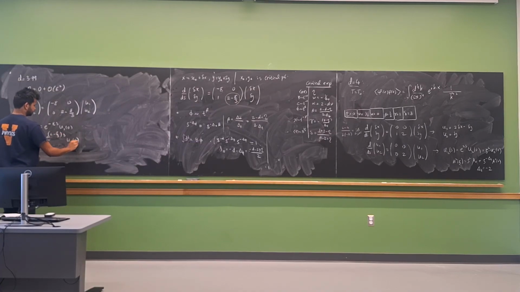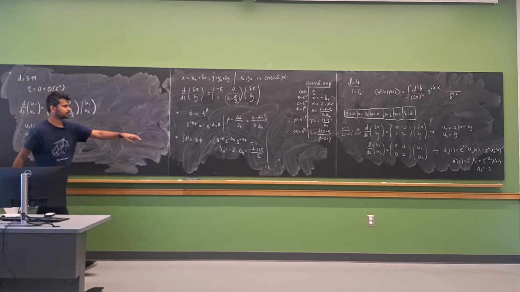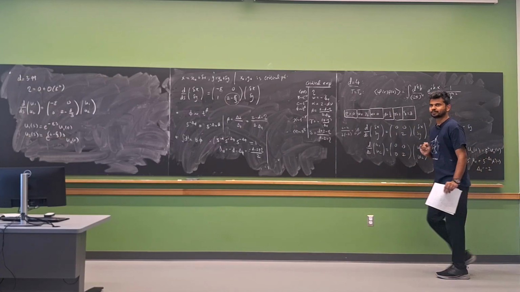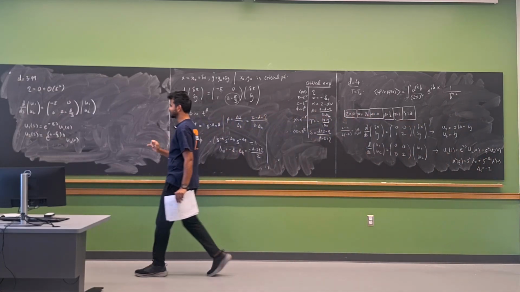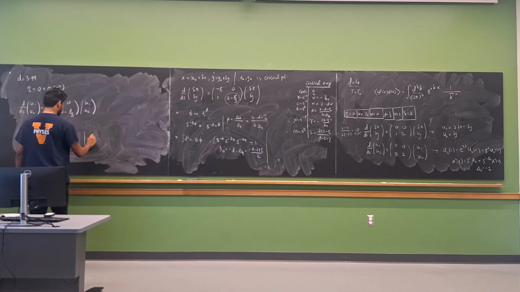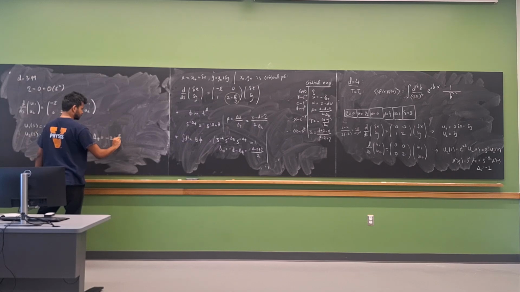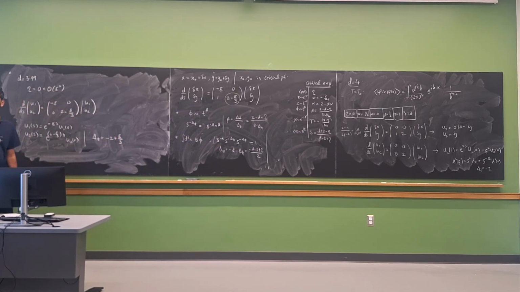And u2, by the variable change, was mu squared, which was temperature. So from this we get delta t equal to minus that, so we get minus 2 plus 1 by 3.